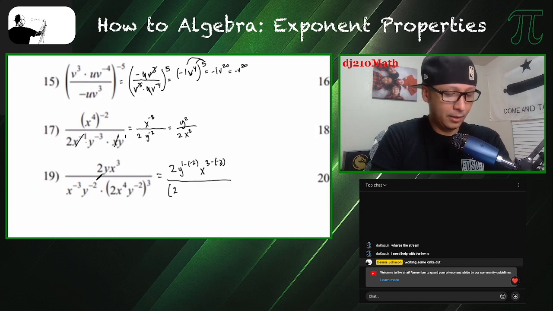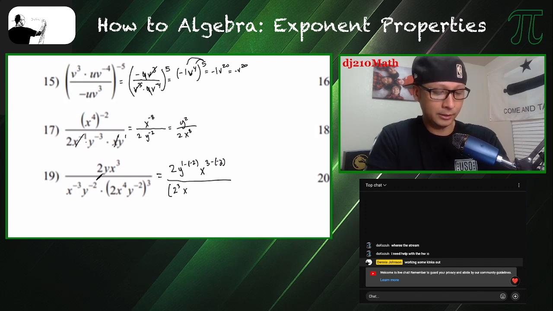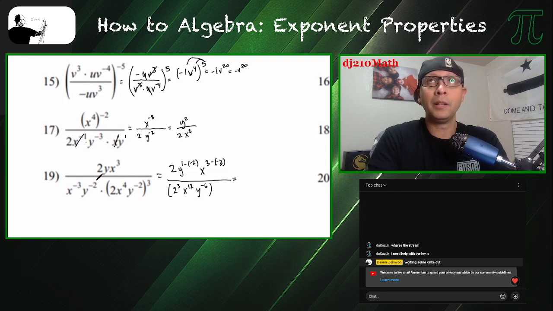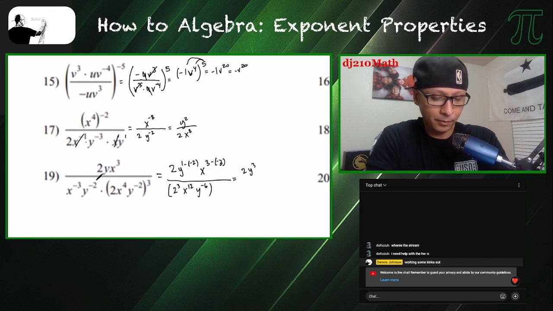And then the denominator, I'm going to apply the cube to everything inside. So 2 cubed, x, 4 times 3 is 12. y, negative 2 times 3 is negative 6. All right. So this is going to be 1 plus 2, 3. And then x, 3 plus 3 is 6. All over 2 times 2 is 4 times 2 is 8. x to the 12.